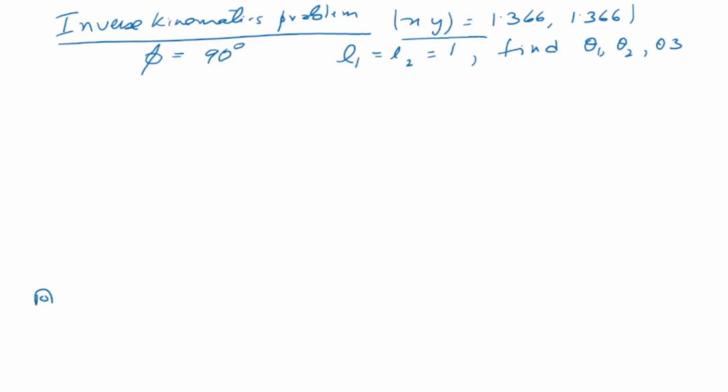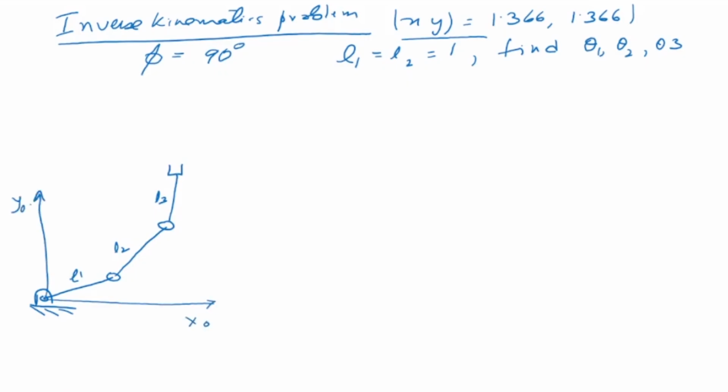So this is the manipulator system. This is my L1, L2 and L3. This is x naught, that is y naught. And this is the point x, y now. Okay, so now let's proceed.